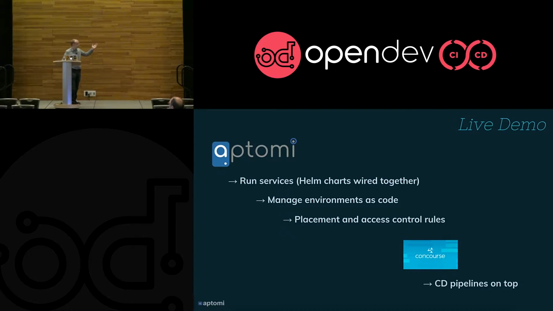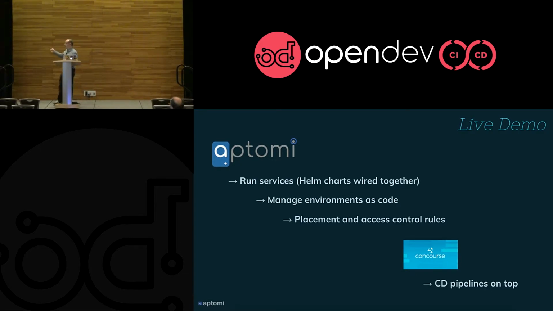And in the live demo, first of all, I'm going to show this service abstraction layer, Aptomi itself, that allows you to run services and manage environments and rules and services as code. And then on top of that, I'm going to show how this would fit into your existing CD workflow, whether you're using Spinnaker or Jenkins pipelines, anything.